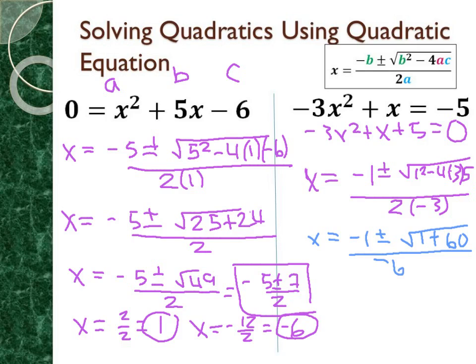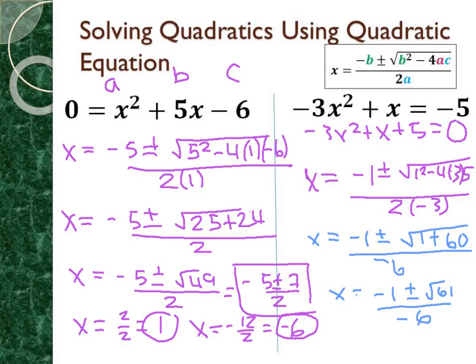So when we do this, we get x is equal to negative 1 plus or minus the square root of 1 plus 60, which is the square root of 61, divided by negative 6. Notice that this does not simplify any further unless we wanted to write this as a decimal value.